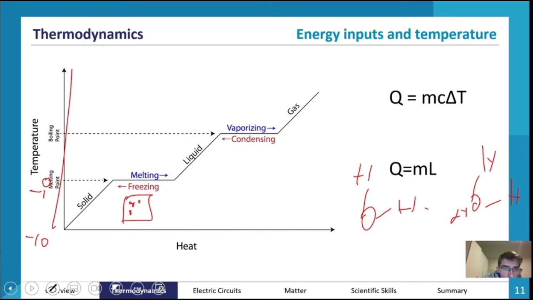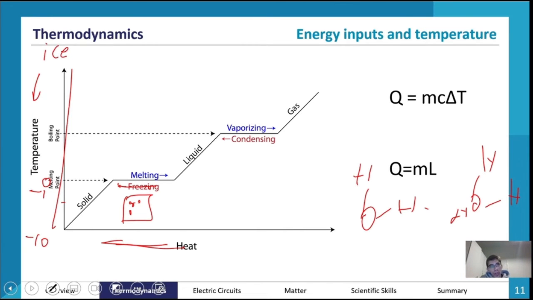So these bonds are starting to break during the melting stage, and obviously, even though you are adding more heat energy, let's say by using a flame, or by increasing the room temperature, even though you're adding more heat energy, the temperature of the ice cube, right?